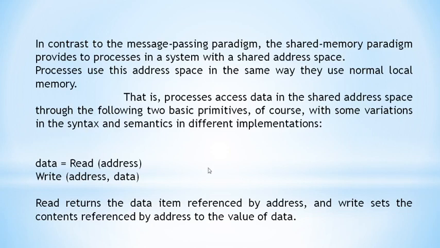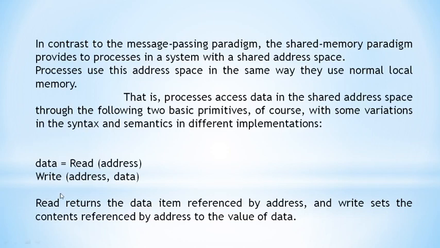As it is a shared memory paradigm, the data is read from a particular address. For example, if there is some data shared by two processes at a particular address, it will be read by giving that particular address. And write of address comma data means you need to write the data to the shared memory location address itself.